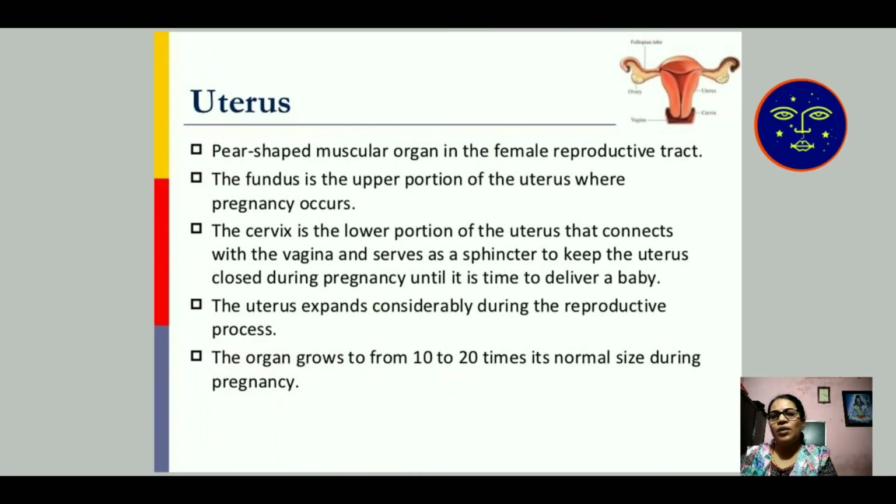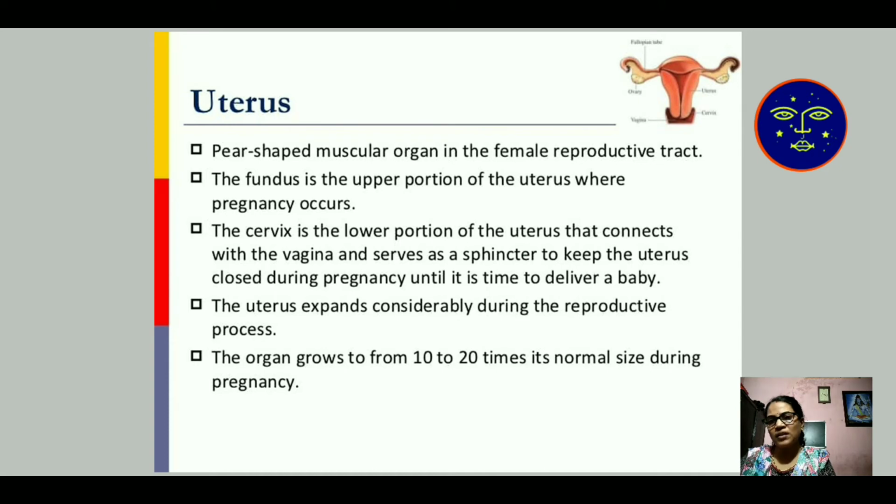Then the uterus, a pear-shaped muscular organ in the female reproductive tract. The uterus contains three parts. The fundus is the upper portion of the uterus where pregnancy occurs.